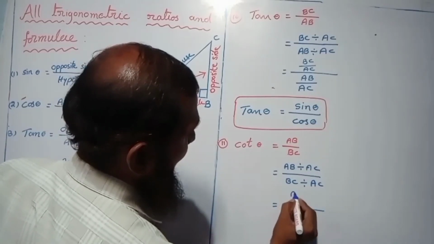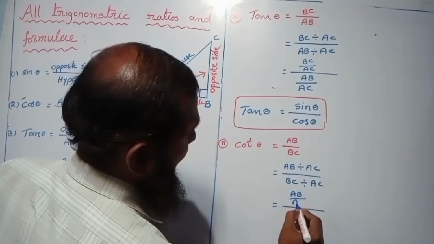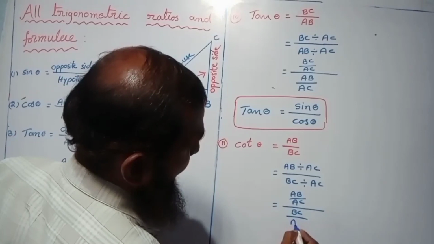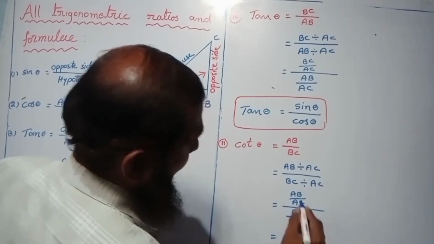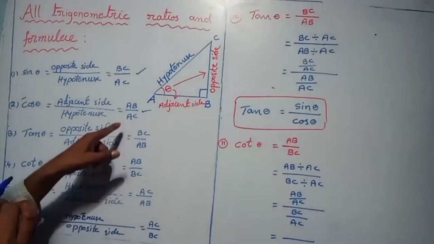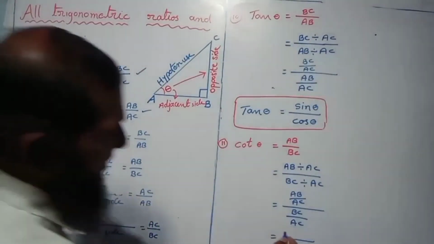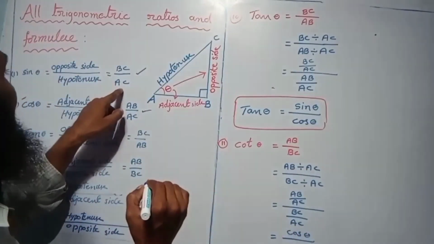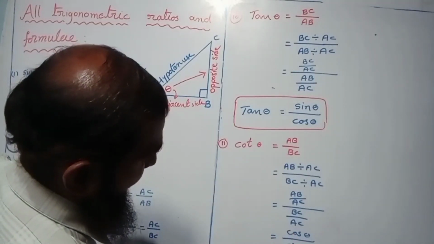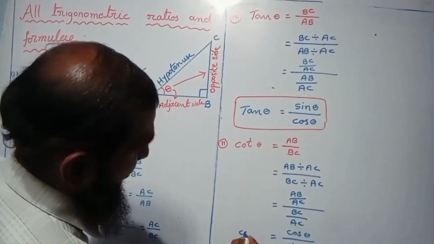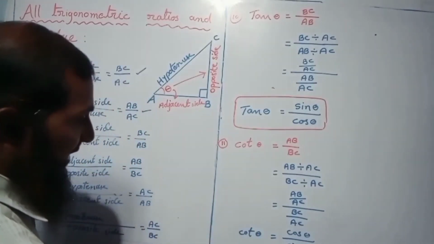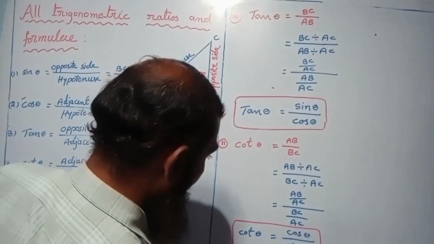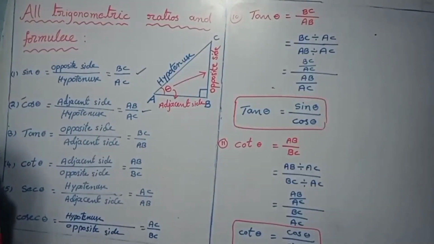We have written AB by AC like this, and writing BC by AC. So what do you call AB by AC? It means cos theta in the numerator. BC by AC, what do you call BC by AC? It is called sin theta. So cot theta means cos theta by sin theta.